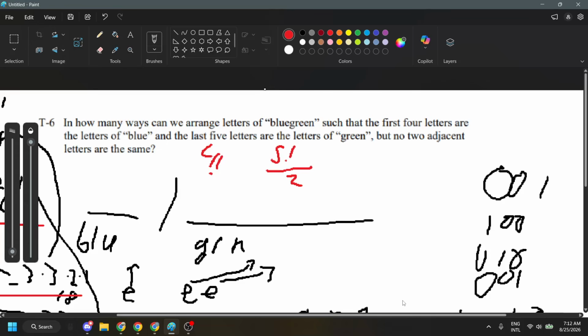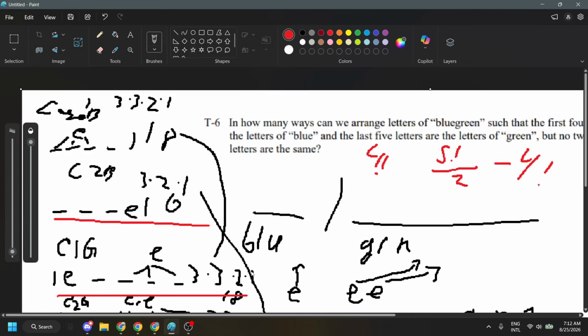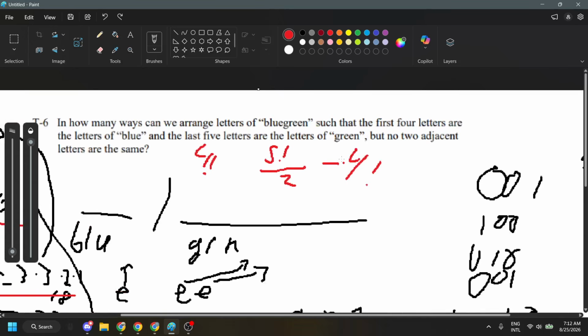Then they said there are 4 factorial ways when the E's are next to each other. Because let's say the two E's are next to each other, then we could just treat them as one option, and then we have 3 others. Okay, that makes sense. So then this is 24. 120 over 2 is 60. 60 minus 24 is 36.